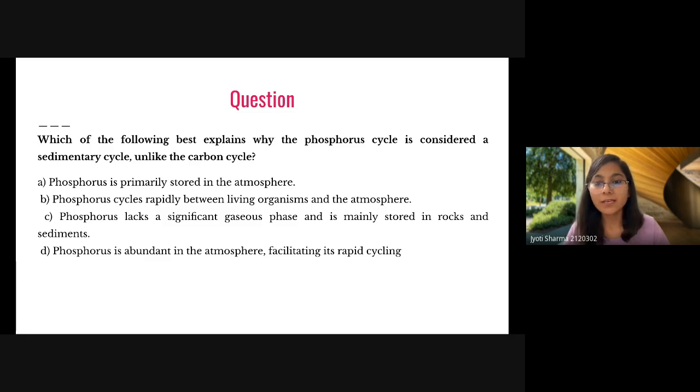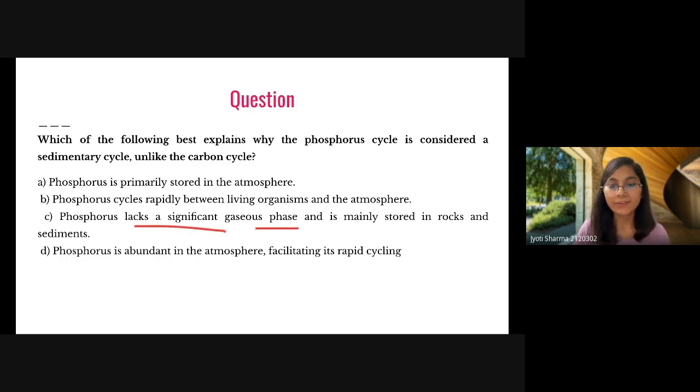Why is the phosphorus cycle considered a sedimentary cycle? Because phosphorus lacks a significant gaseous phase and is mainly stored in rocks and sediments. And because it is stored in rocks and sediments, that's why it is a sedimentary cycle.